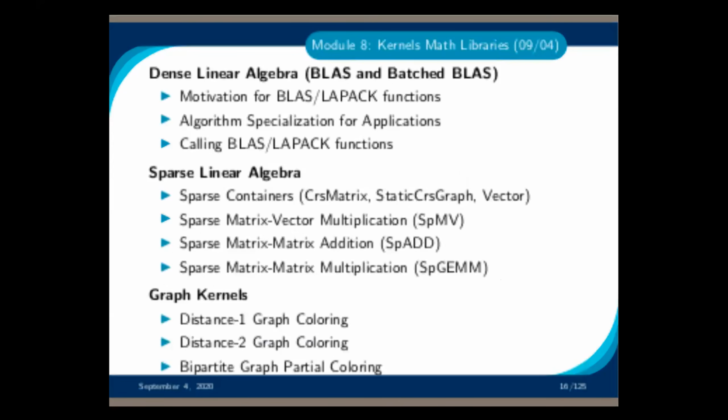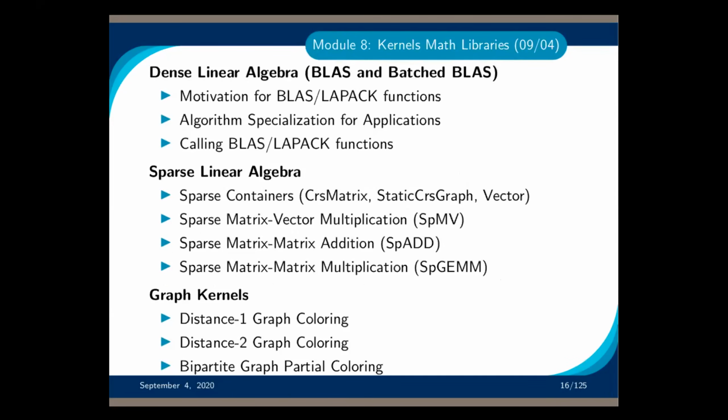Okay. So that is an overview of the software and what our focus is, and what our collaborations are. Here is an overview of what we are going to talk about today. And different folks are going to cover different areas. We would first start with dense linear algebra kernels with BLAS and batched BLAS.